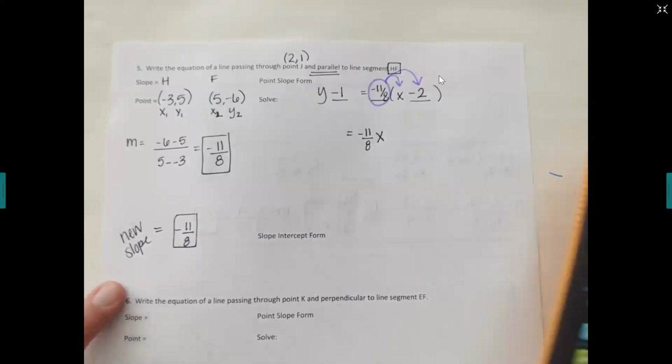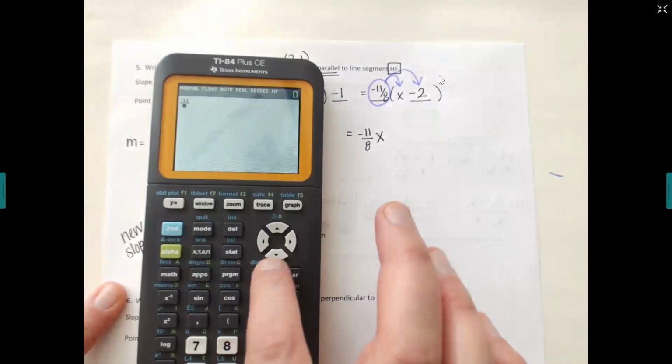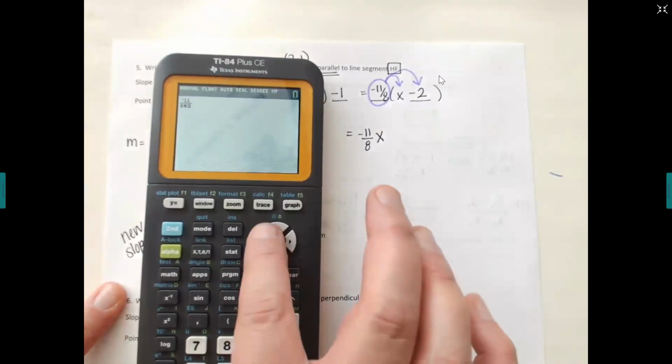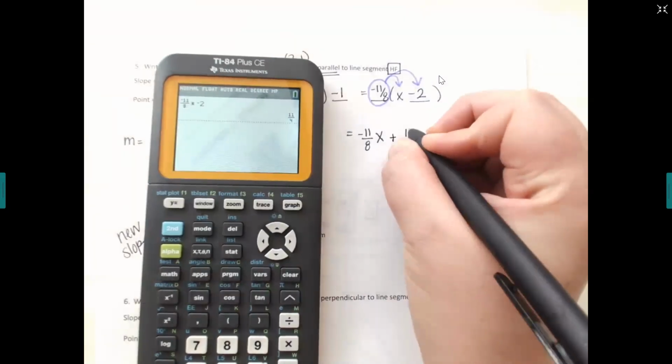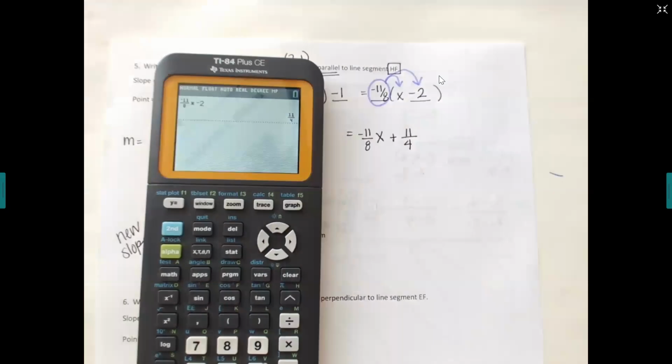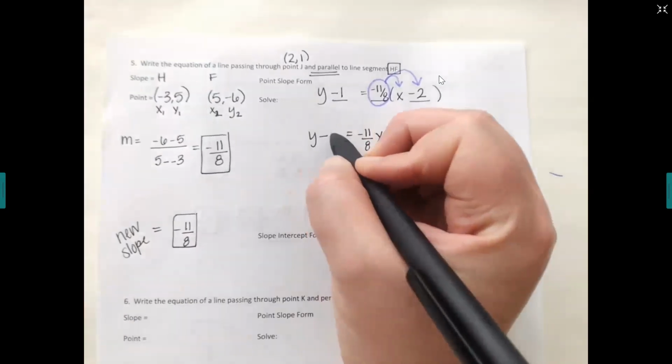Now I'm gonna use the calculator for this one. -11/8 times -2. That comes out to plus 11/4. Okay, then from there, I see that my Y has a -1 with it.